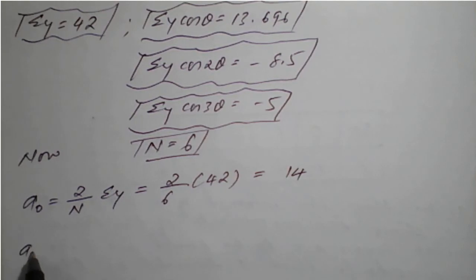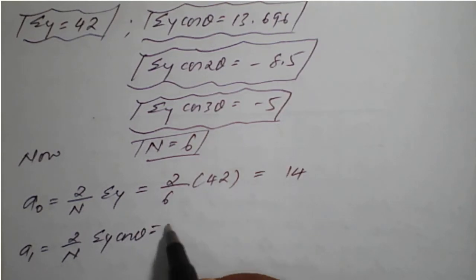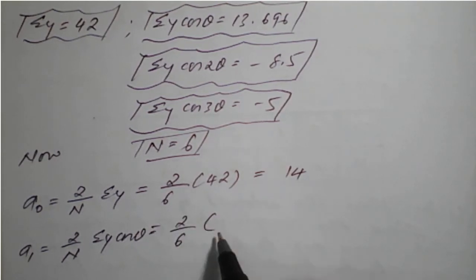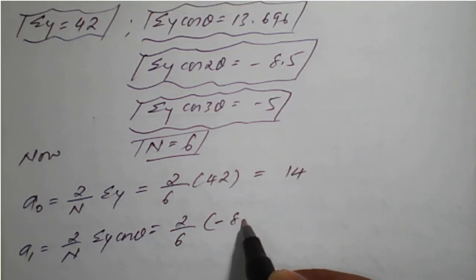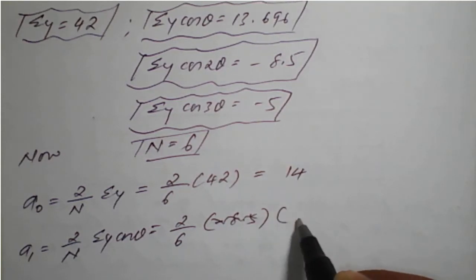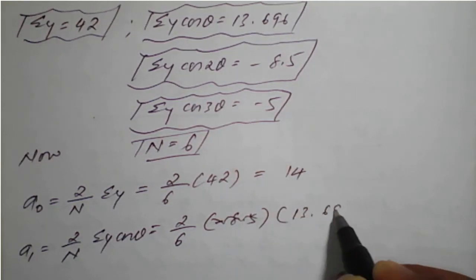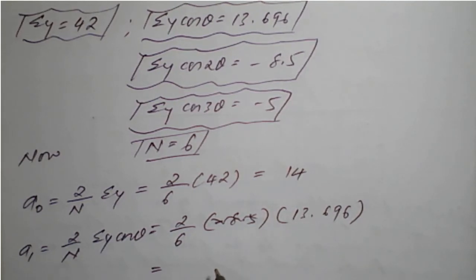Next, the a1 formula will be 2 upon N summation of y cos theta, which is 2 upon 6 into summation y cos theta. From the table, it is 13.696. Therefore on simplification this value will become 4.565.